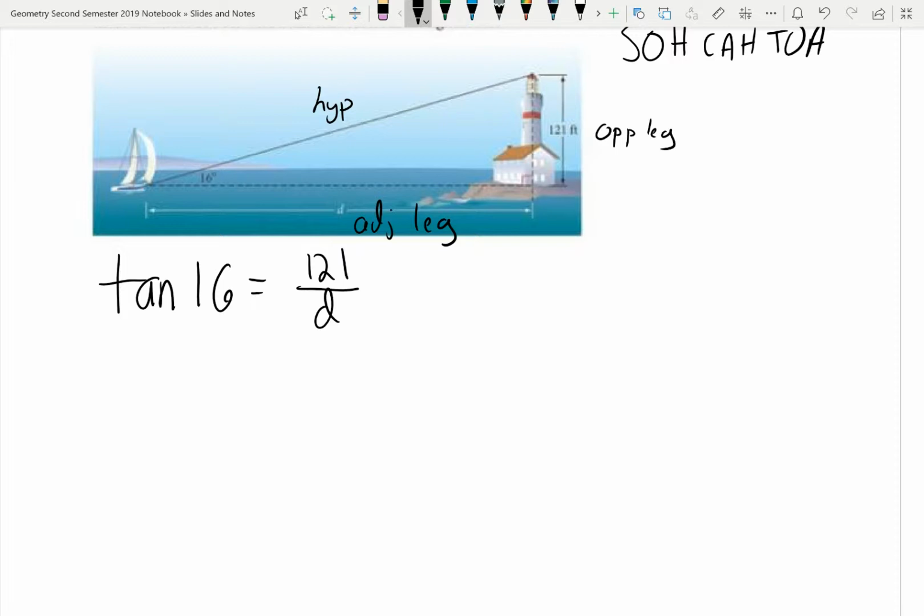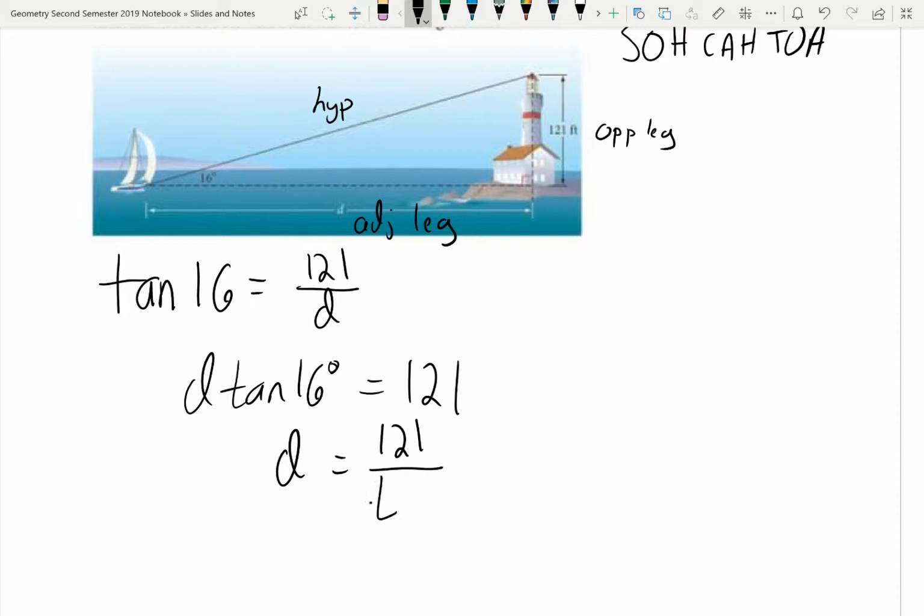And so I'm going to multiply both sides by d. So d tan of 16 degrees is equal to 121. And divide both sides by tan 16, so that's 121 divided by the tangent of 16 degrees.